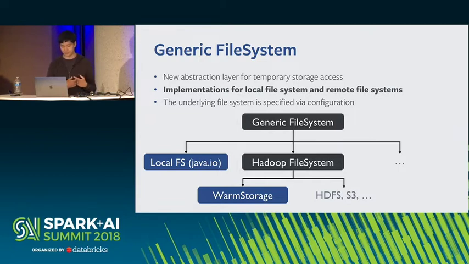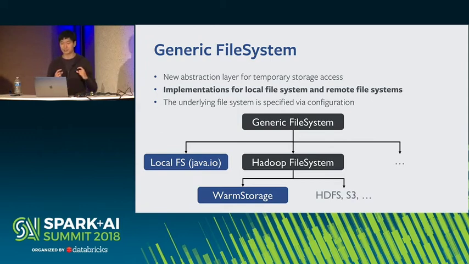We do this by making use of warm storage's Hadoop file system layer. While we haven't done this, it seems pretty straightforward that you can use our Hadoop file system layer to implement things such as S3 or HDFS or any other kind of distributed file system that gives the Hadoop file system type of interface.